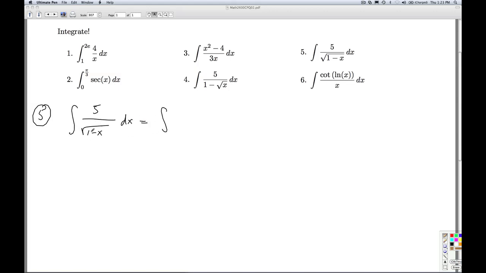If you rewrite this as the quantity 1 minus x to the 1/2, so we have this, bring it up top, I can move the 5 out front.